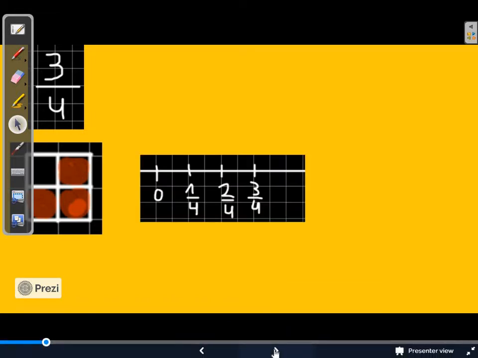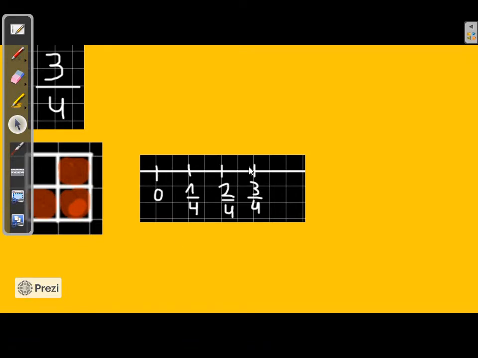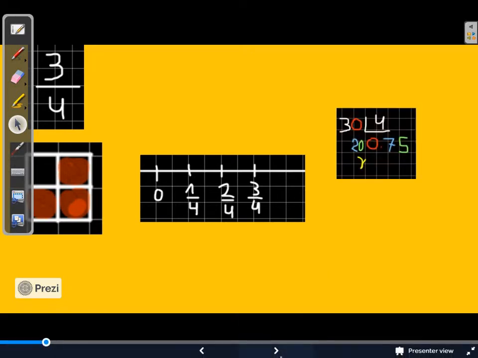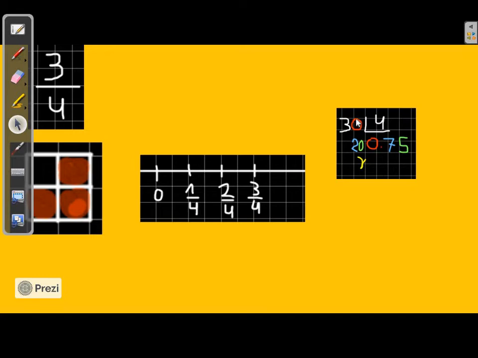And we can also represent that on a number line. If we start from 0 and start counting 1/4, 2/4 until we get to 3/4, there we can find that number on the number line. But also let's remember that every fraction represents a division, and if you divide 3 by 4, you have to place a 0 here and a 0 there in order to make this division.